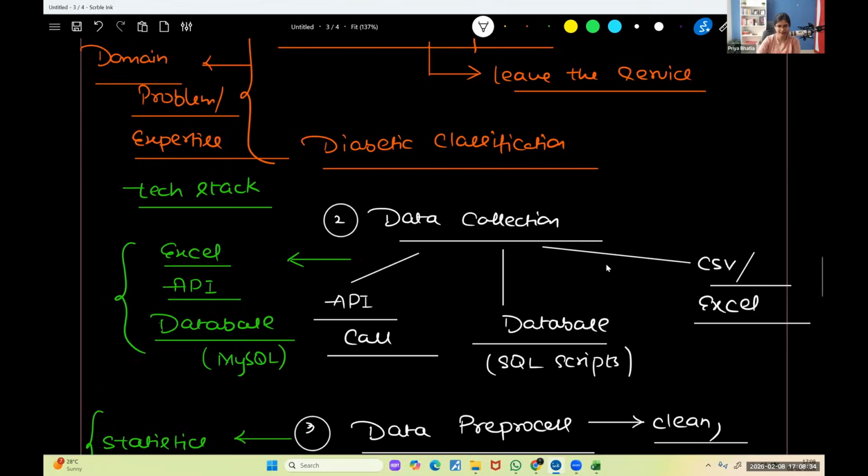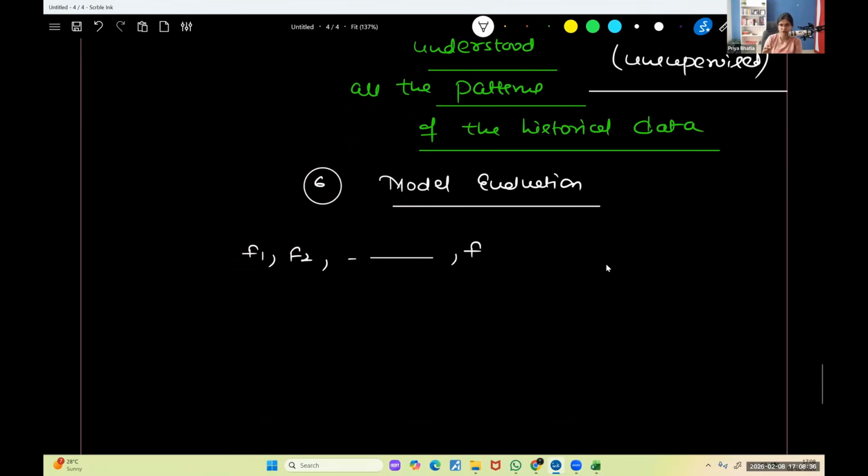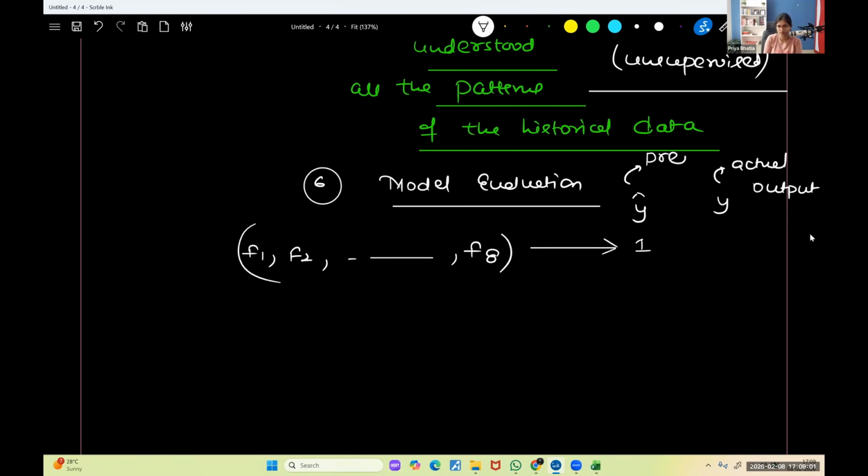We have 8 features, right? F9 is the outcome, so this is not an input feature. Based on that, let's say your model is giving a prediction that the person is diabetic. This is Y cap. But in your test data, you also have a Y. Y means your actual output. Y cap means your predicted output.